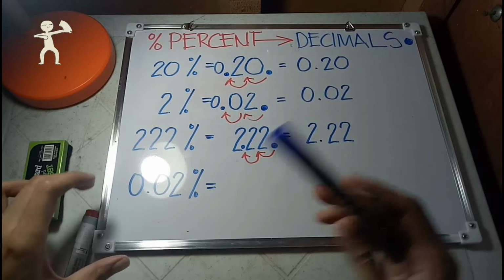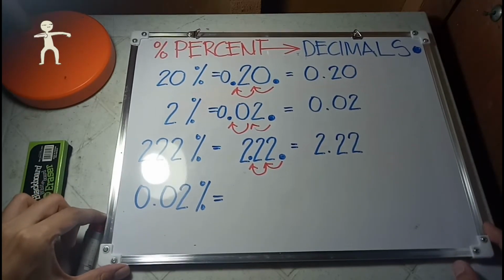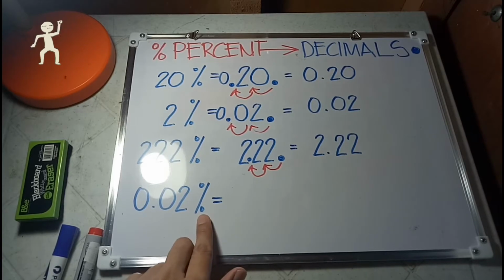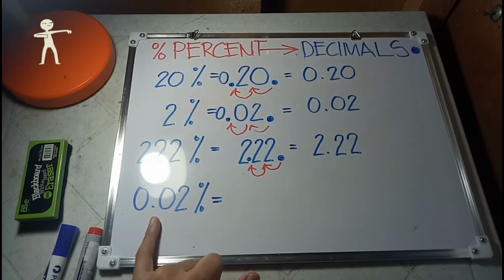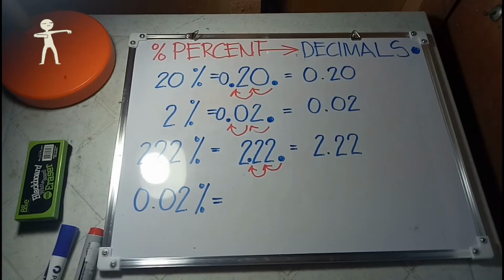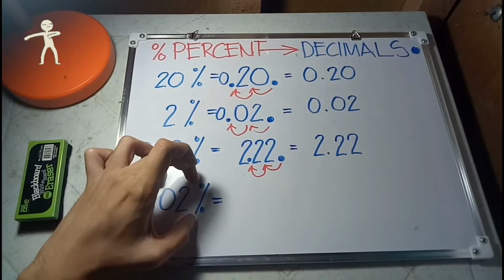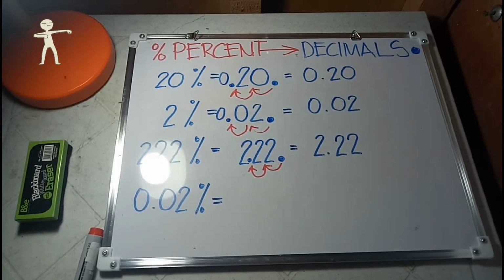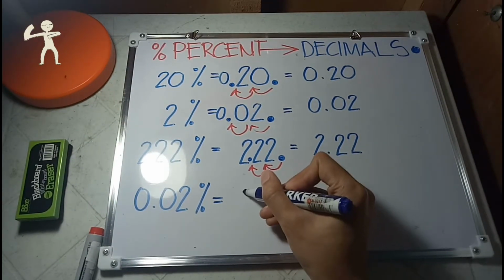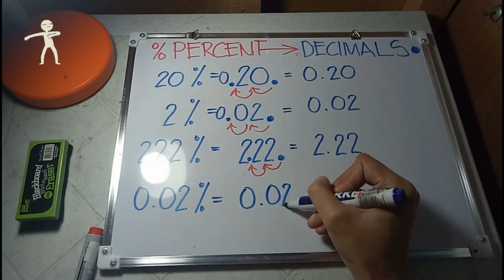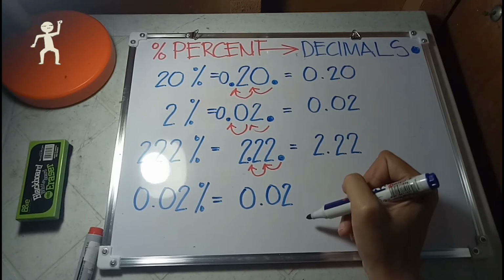So this one, the last problem, is very tricky. Kasi po meron tayong percent sign, then we have a decimal point. So noted na po kasi if ever meron pong decimal point, we won't be converting this percent sign to a decimal point. Yung mangyayari is hindi na lang po natin i-acknowledge na merong ditong percent sign. Okay?